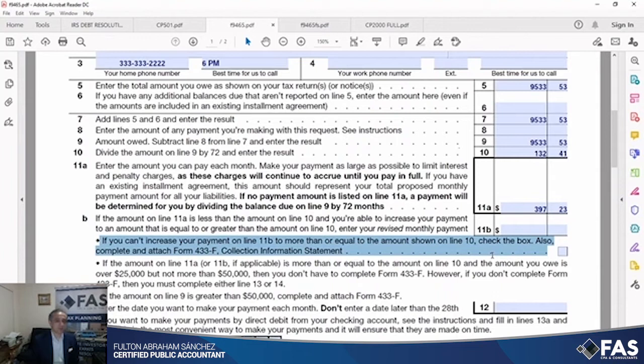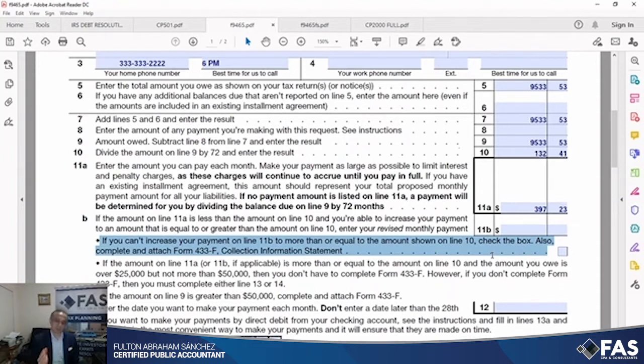If that is the case, you have no income, or you are in an economic calamity, and you cannot dispose of your assets to cover your debts, you have no money in the bank or not enough money in the bank, then I would suggest you try an installment agreement.